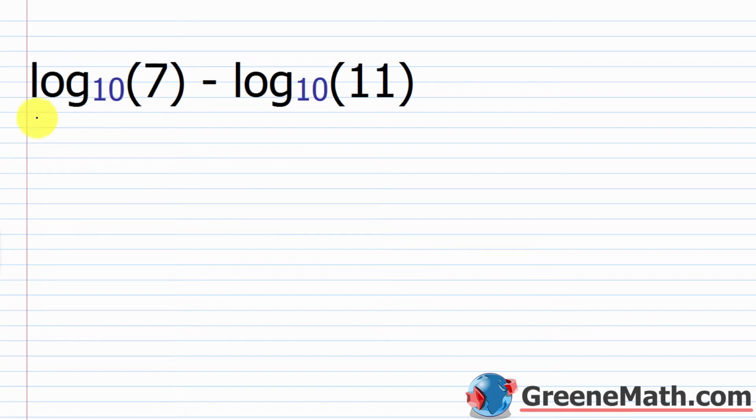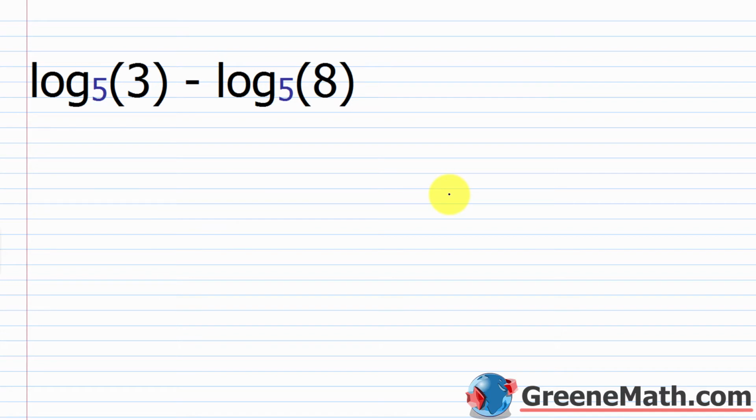All right, for the next one, we have log base 10 of 7 minus log base 10 of 11. So we know this is going to be log base 10 of 7 over 11. You just want to go in order. So 7 is first, so it goes in the numerator. 11 is second, so it goes in the denominator. So again, log base 10 of 7 over 11.